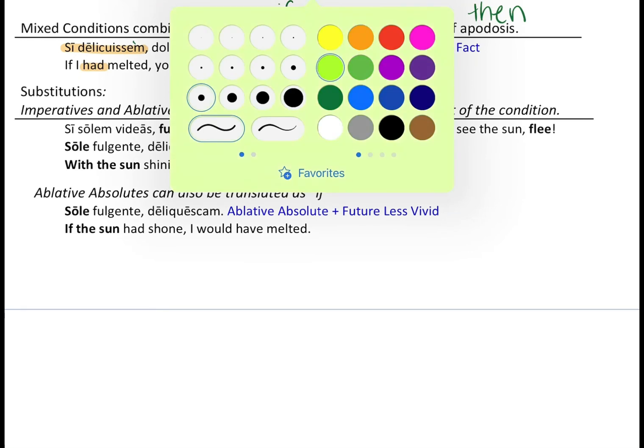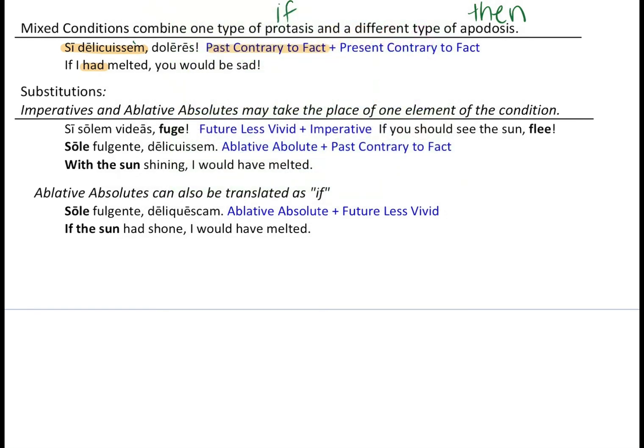Let's get a different color here, and doleres is a present contrary to fact. It takes the imperfect subjunctive and it translates with a would. So it's okay that they break up sometimes. If I had melted, you would be sad. Just treat them as two separate halves, and that should be pretty easy.